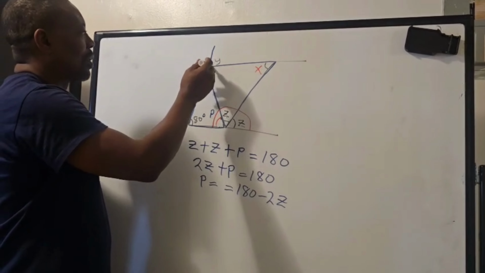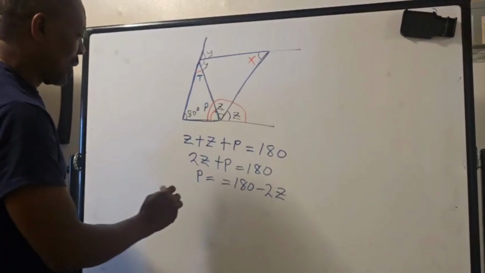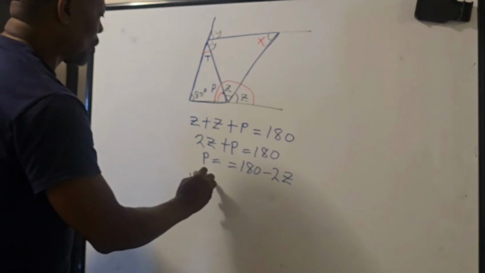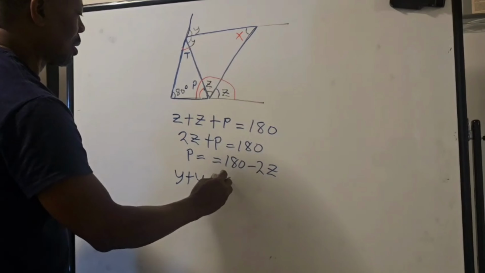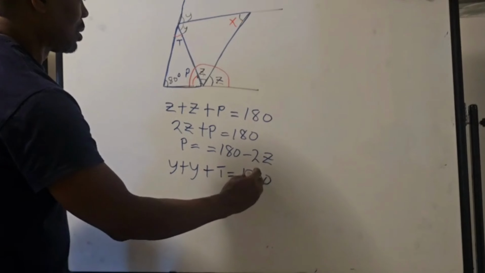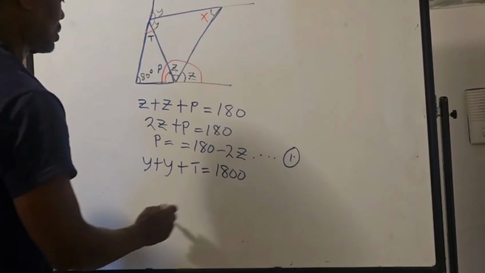Let's go to this other place and find here, let's call it T. So you're going to say Y plus Y plus T will be equal to 180. You can call this equation 1.